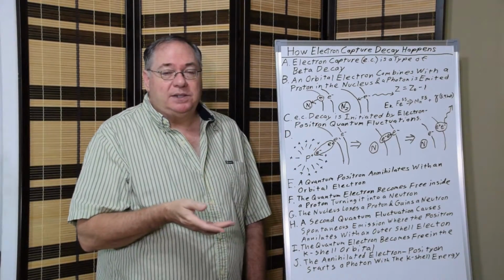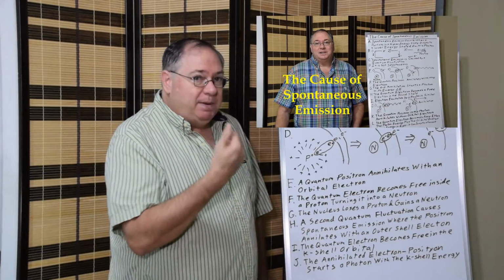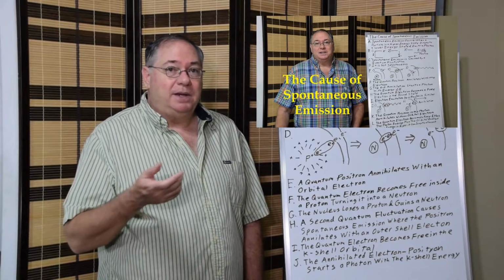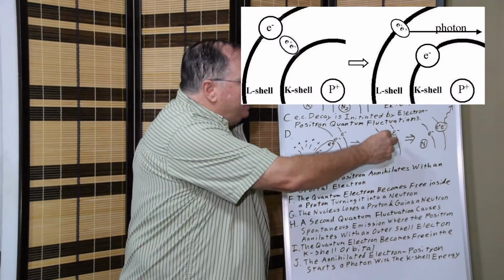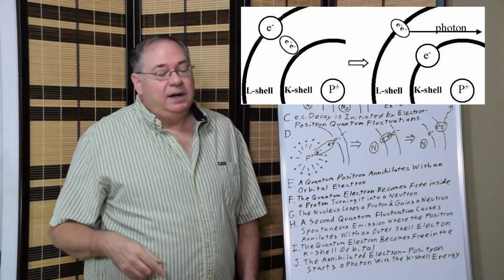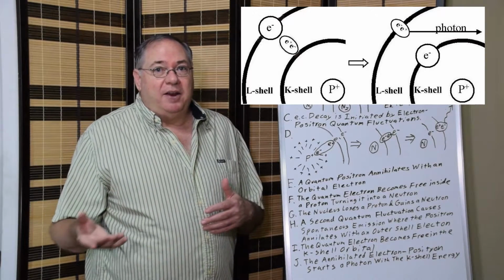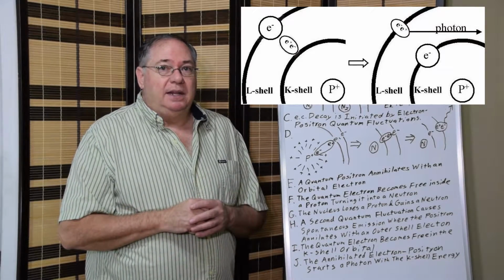And this process is called spontaneous emission, because it's spontaneous emission of the photon, although it's not really spontaneous because it's mediated by a quantum fluctuation. So once again, we have an electron-positron pair. The positron annihilates with the outer shell electron, and then the electron deposits in the inner shell.